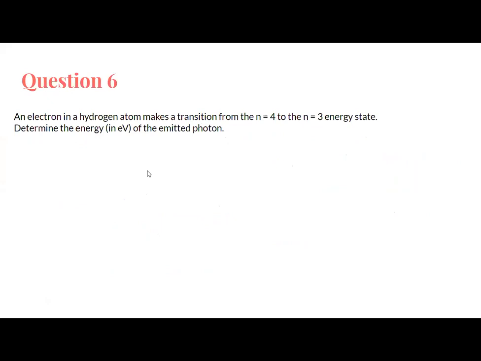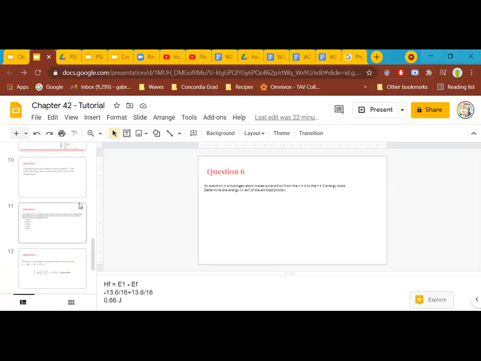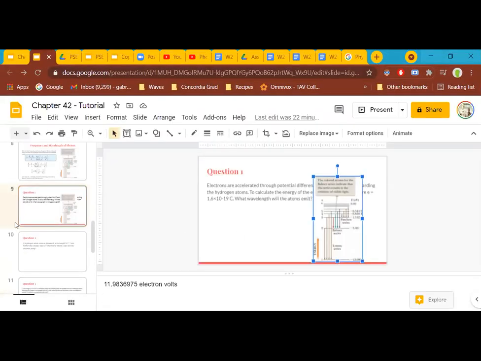Okay. So the last question is, an electron in a hydrogen atom makes a transition from the n=4 to the n=3 energy state, and find the energy of the photon. You don't have to memorize it, but you should have an idea of what the energy states are, at least the first few.